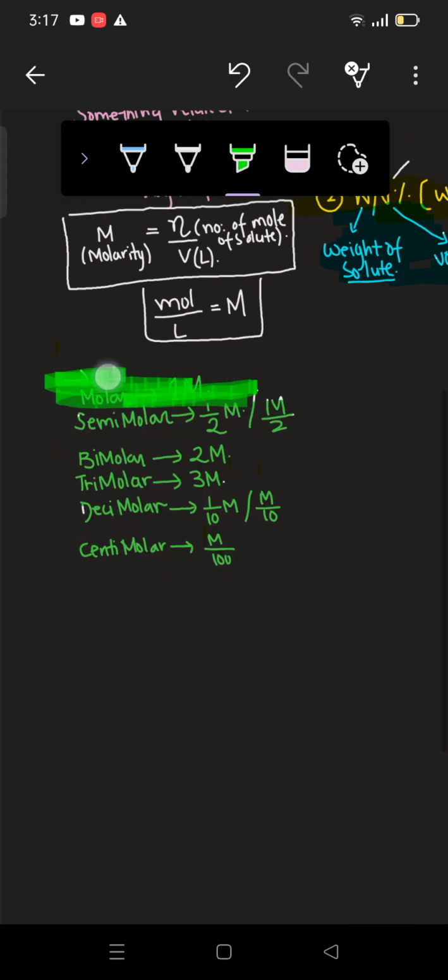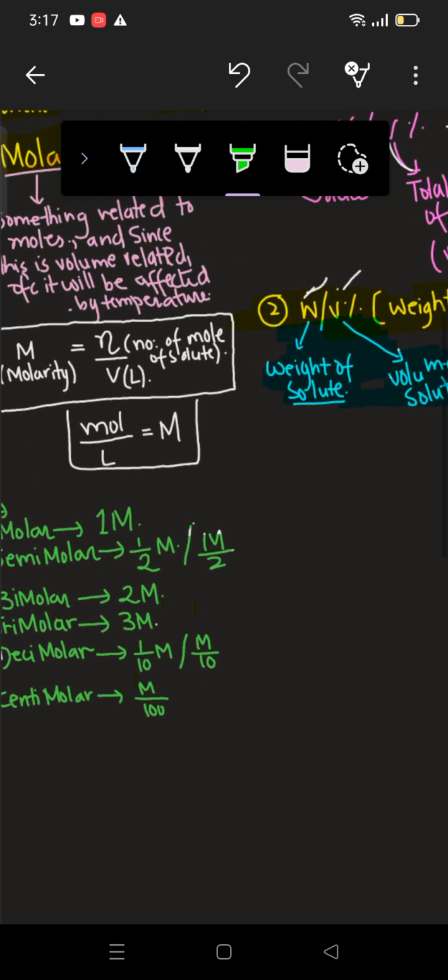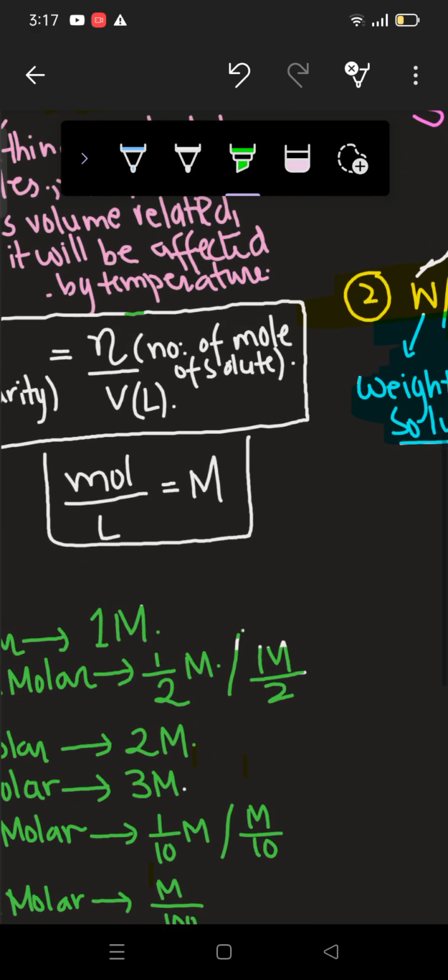Now see, we discussed that molarity is equal to number of moles per unit volume. Volume will of course be given in the question when they ask us to find the molarity, but how are we going to find the number of moles?